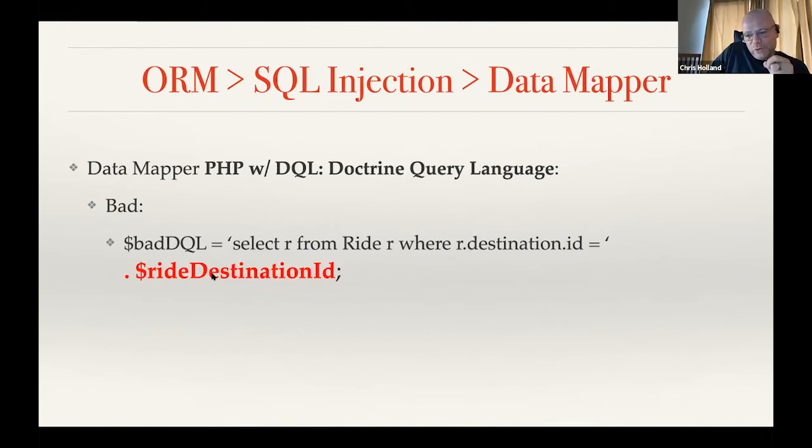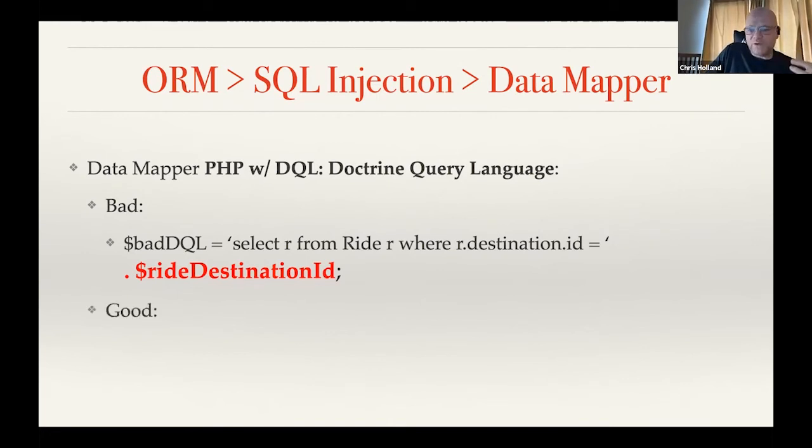If you do this, you are offering an opportunity for somebody to pass a nefarious value to the ride destination ID parameter, which could allow somebody to alter the makings of your DQL string, which could conceivably expose a vulnerability to also hack the underlying SQL that gets generated from your DQL.